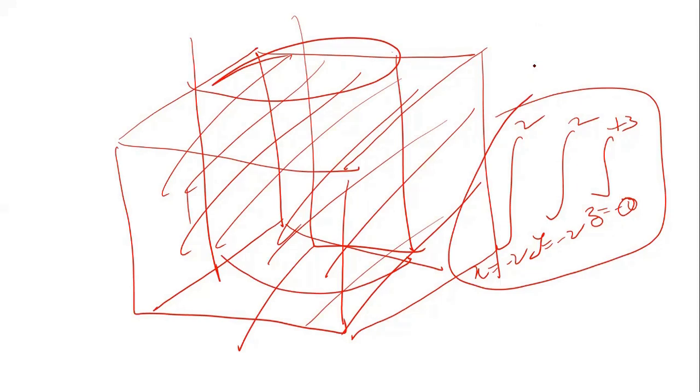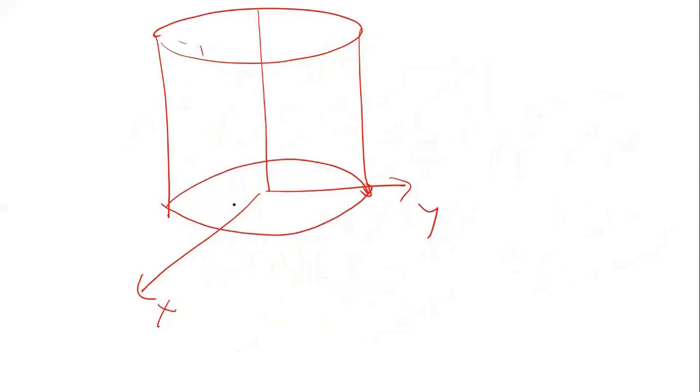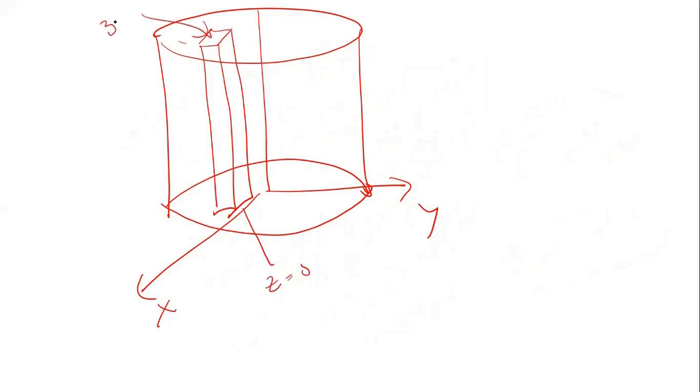Okay, so that is the reason why, when we have a problem like this, x, y, and a cylinder, to integrate over this cylinder, first thing is, by choosing z limit from 0 to 3, we have achieved this rectangular rod.